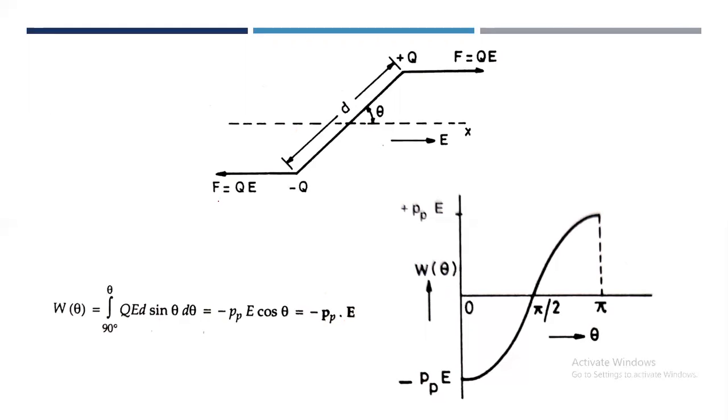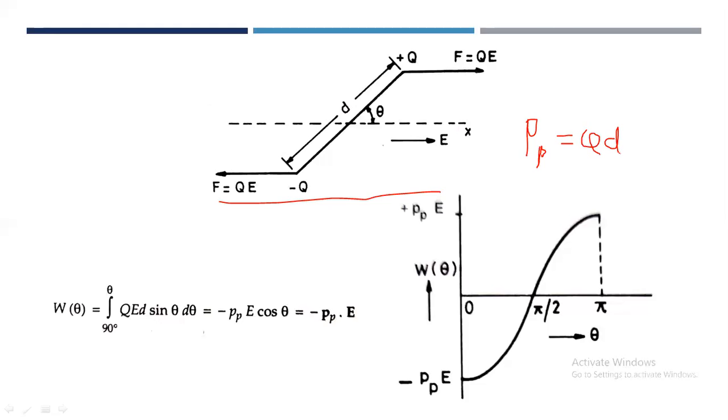Here, this figure shows a permanent dipole moment, which is shown with P_P, and P_P is equal to Q times d.